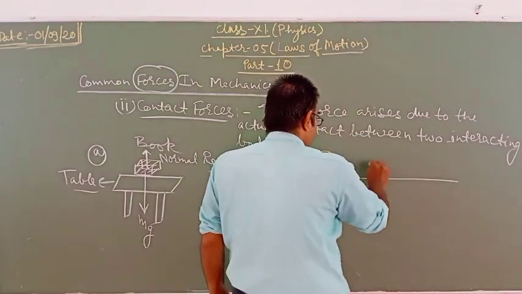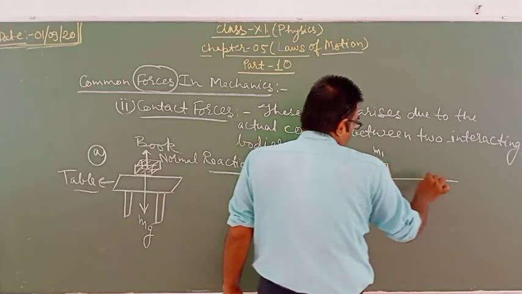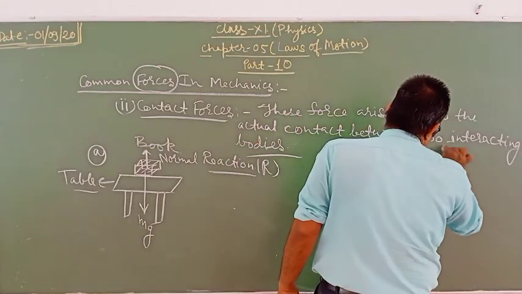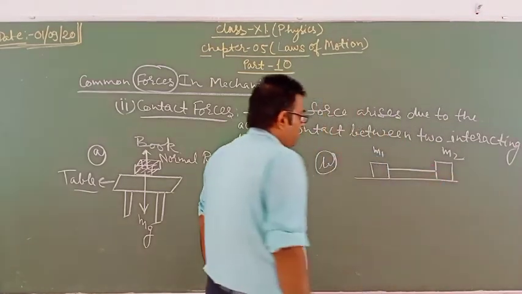The second example is, suppose this is a table, and here there is mass m1 and there is mass m2, and they are connected by a rod.